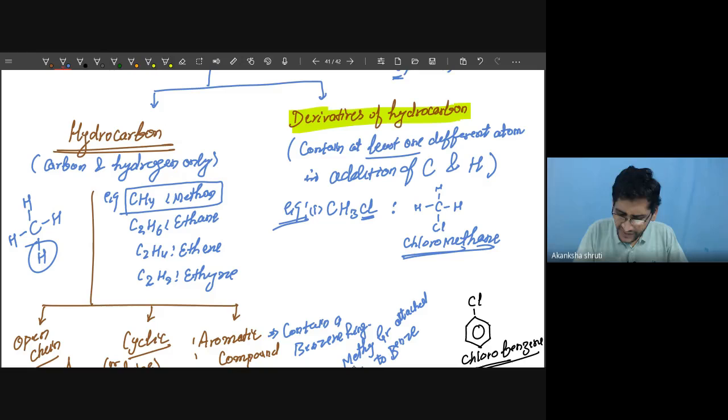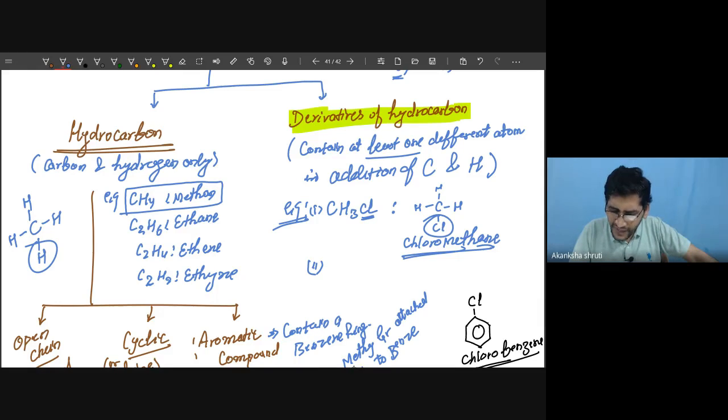Students, rather than chlorine, as we learned last day, it can be replaced by the OH group also, then it will form another kind of compound.